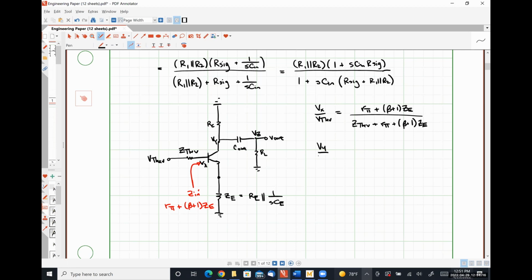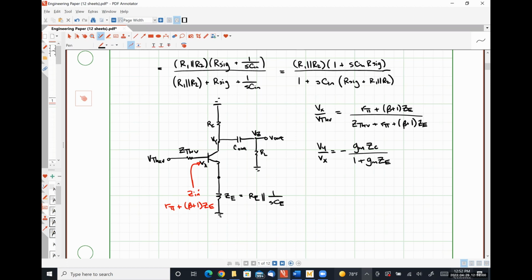So Vy over Vx is just going to be negative GM ZC, because we have an impedance attached to node C now, over 1 plus GM ZE, where we're treating everything attached to our collector node, or everything attached up here from node Y, as an impedance ZC, where that would just be RC in parallel with RL plus 1 over SCL. We'll treat that in a little bit.